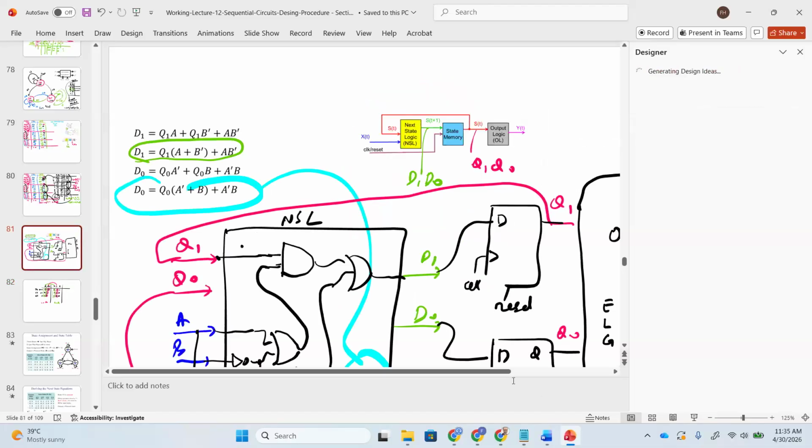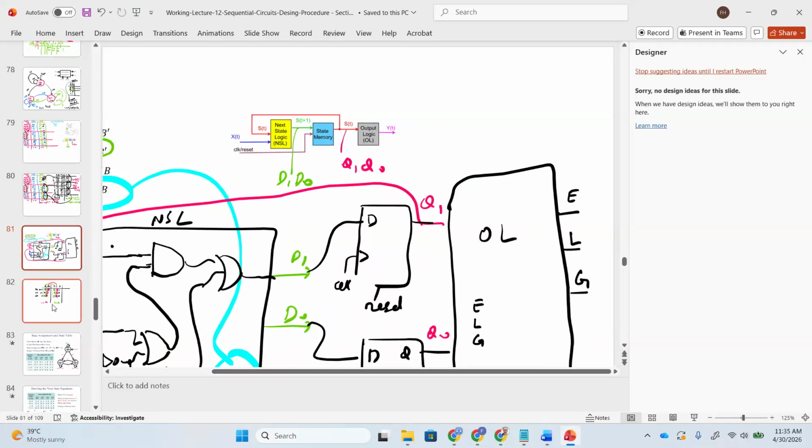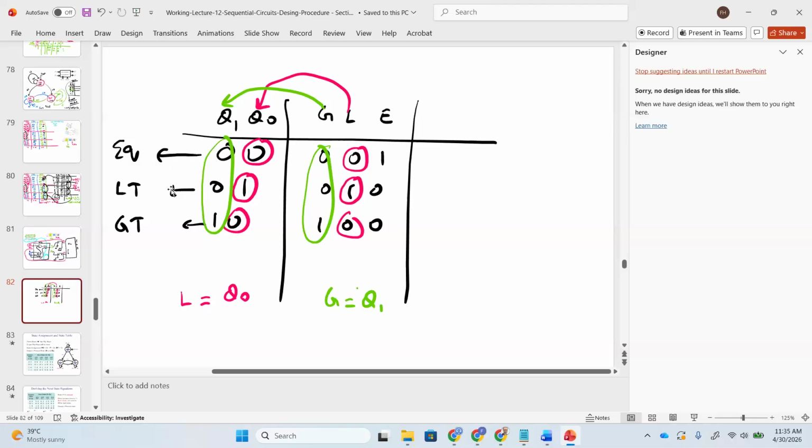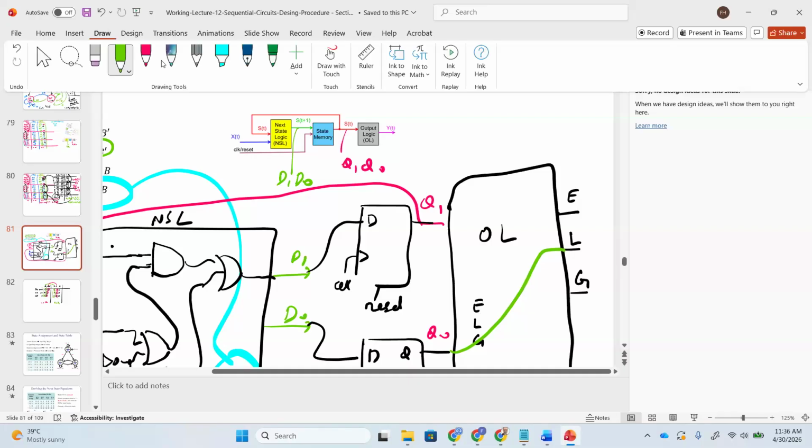Okay. Now we have the output logic. So LT is the same thing as Q0. We need L to be the same thing as Q0. So Q0 is directly connected to L, and G is the same thing as Q1.